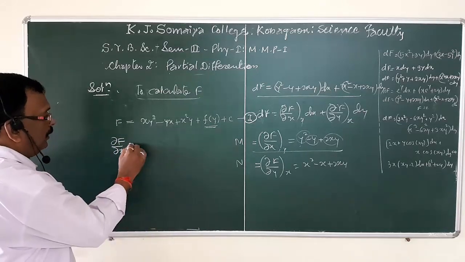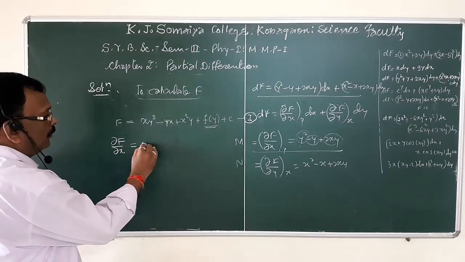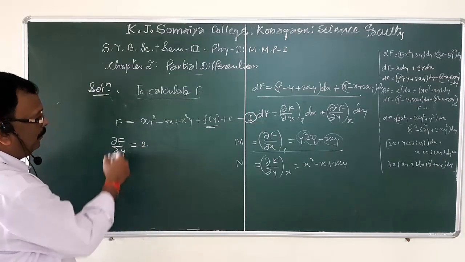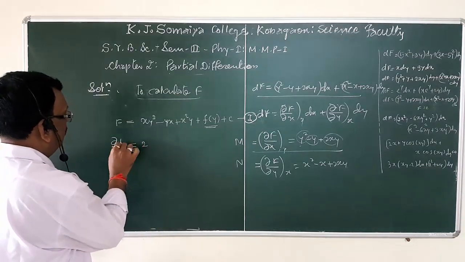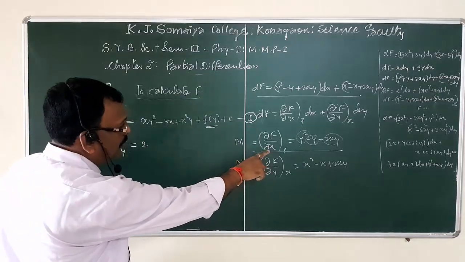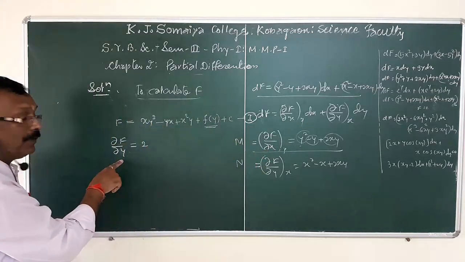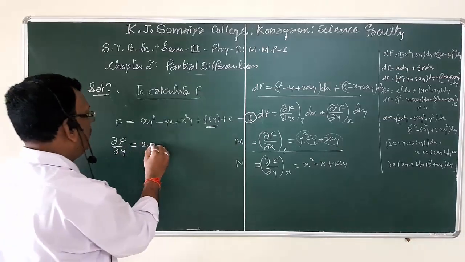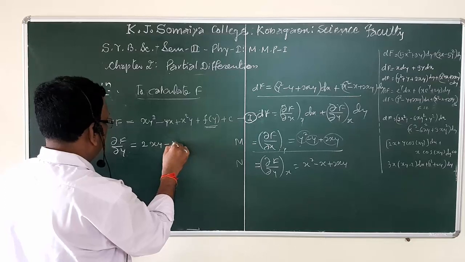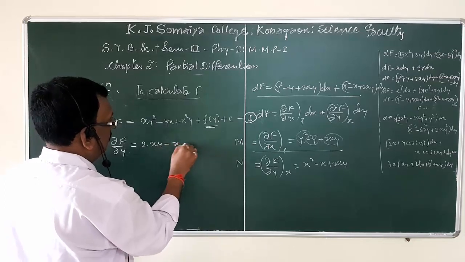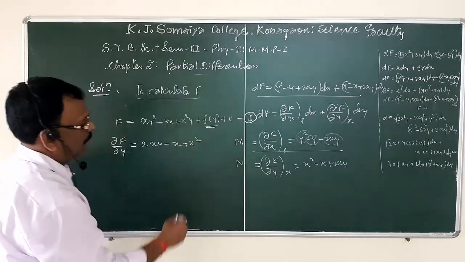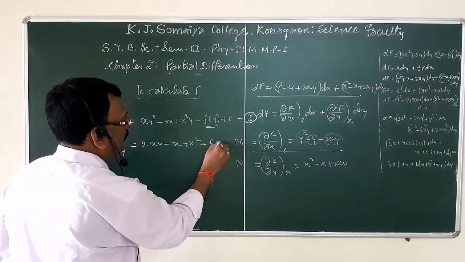Remember, we have with respect to y, ∂f/∂y. Remember that we integrated this equation with respect to x, and now we are going to differentiate this equation with respect to y. We have 2xy minus x, then plus x square plus f'(y).